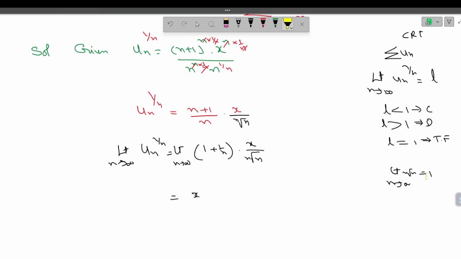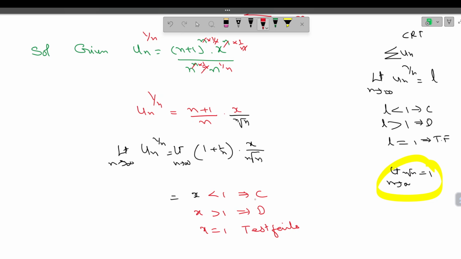Please make a note. So this is equal to x. Therefore, x less than 1, convergent. x greater than 1, divergent. x equal to 1, test fails. That's it.